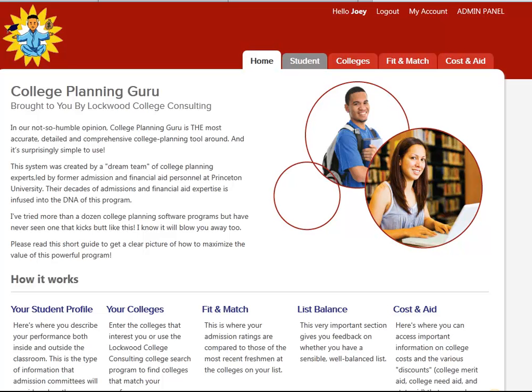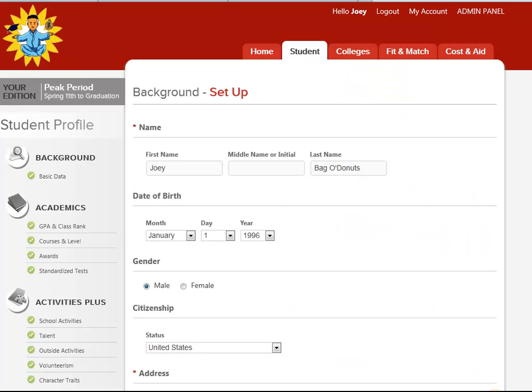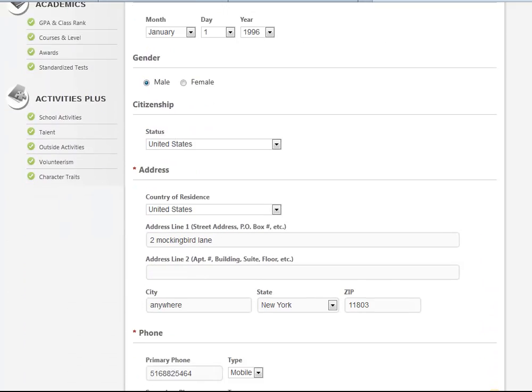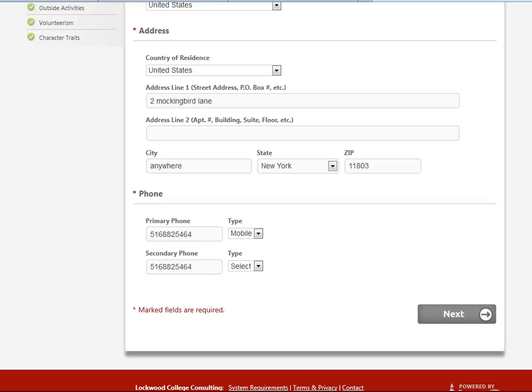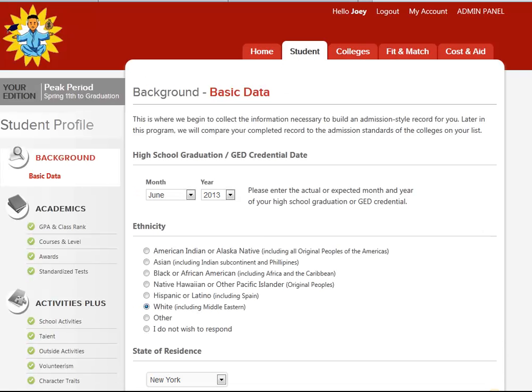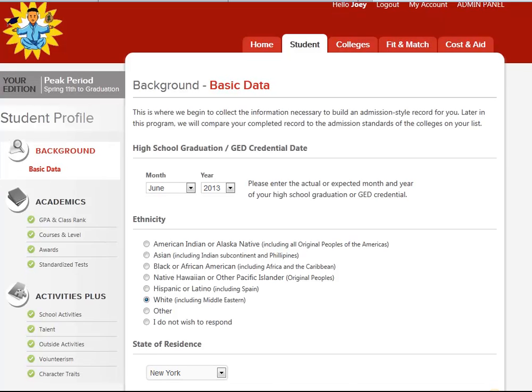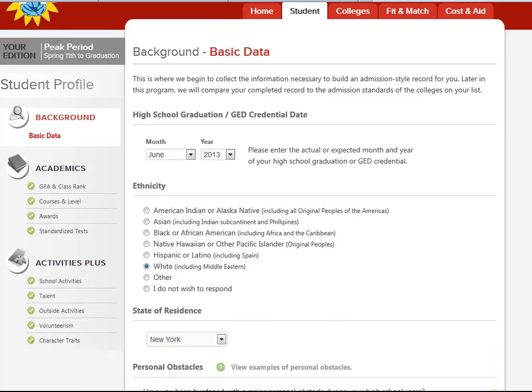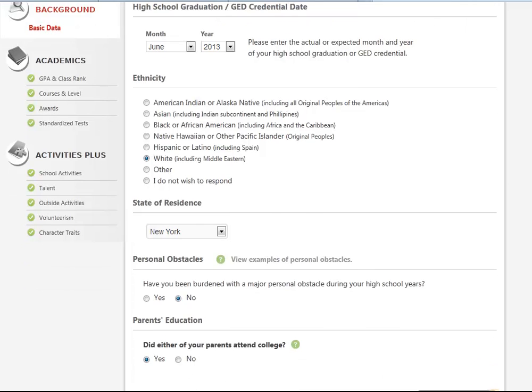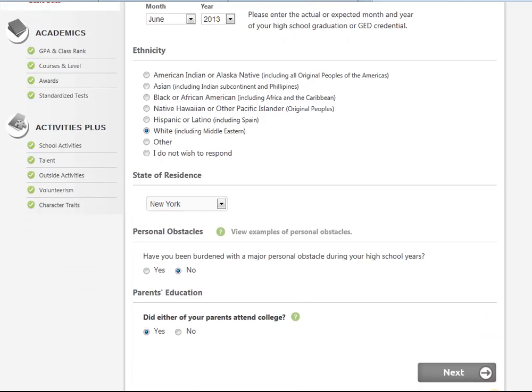Now, as we get into this a little bit, I'm not going to comment on everything here. I'm just scanning through because I want you to see how easy it really is. It's very self-explanatory. The point I was about to make is that this is in really sharp contrast to what many schools have, which is Naviance.